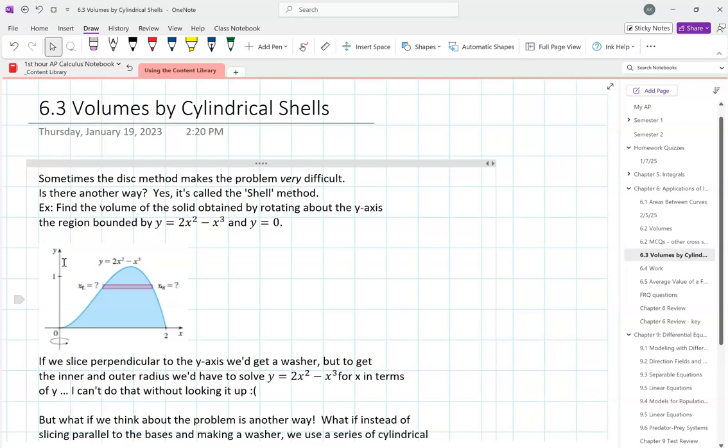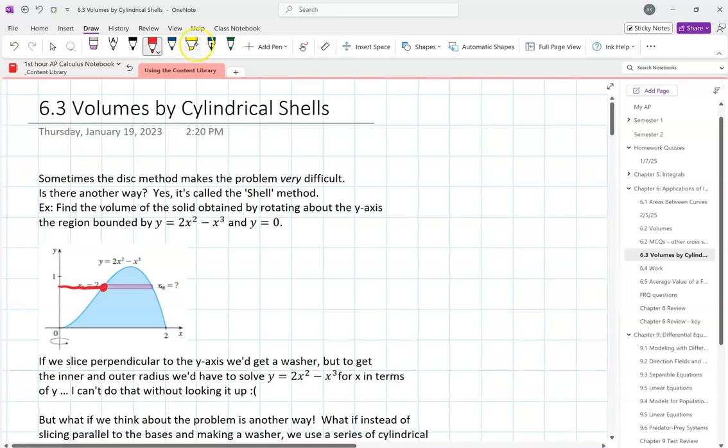Now, if we try to do a washer on this, here's the problem: my inner radius and my outer radius are the same function. Oh, rats. That's a problem, right? Now, you could be clever and come up with a way to get around that. Or, if you're doing a shell, this is not a problem.